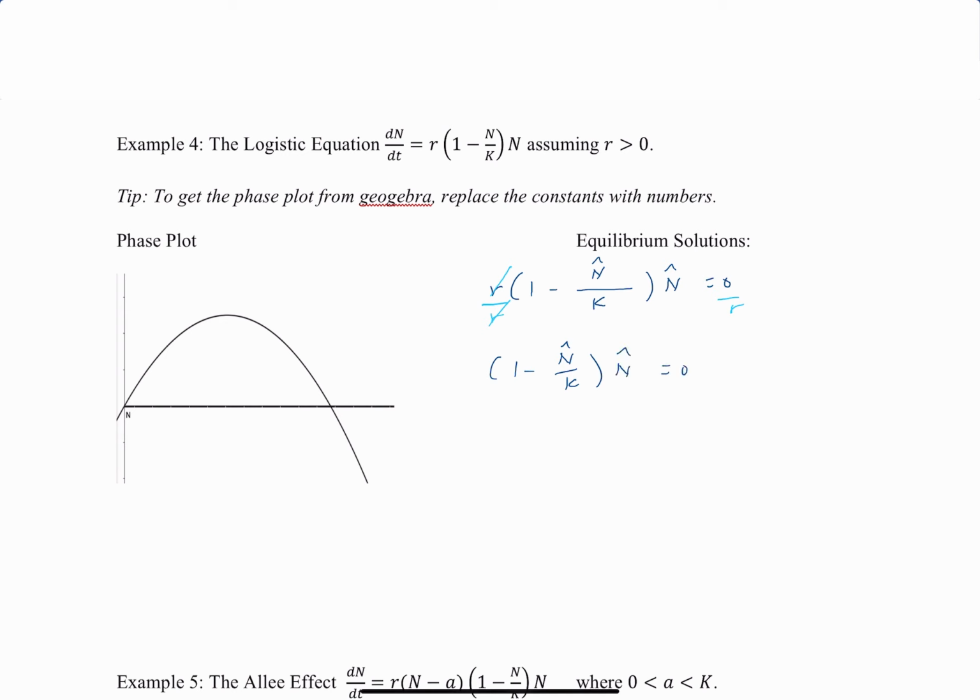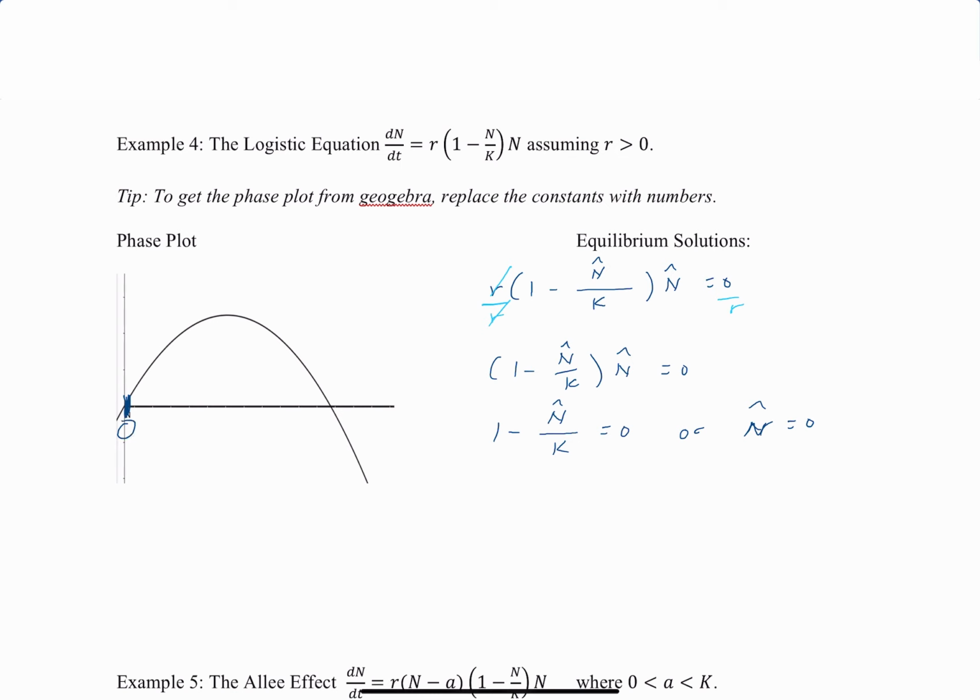So either 1 minus n hat over K equals 0 or n hat equals 0. So n hat equals 0 is one of the equilibrium solutions. It's the one where the graph crosses the vertical axis.